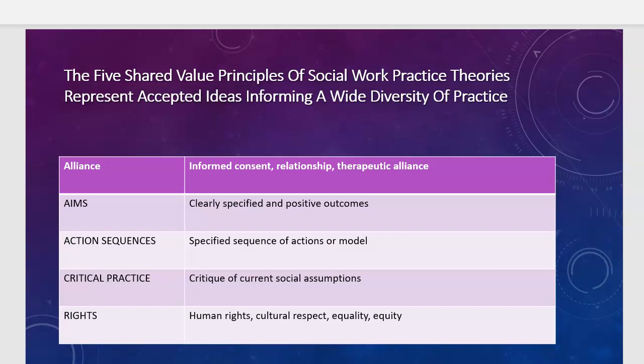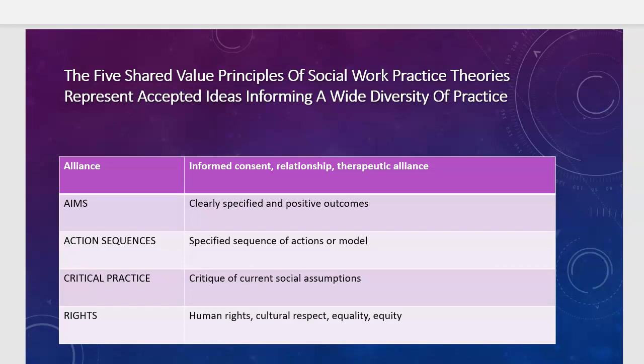Number 3, does the theory allow for action sequences, or a model, or action steps? Does it give you some direction on what to do and how to do it? Number 4, does it allow for critical practice? Critical practice means that you can think critically about how the theory is useful and what is not useful, meaning that you can then choose.